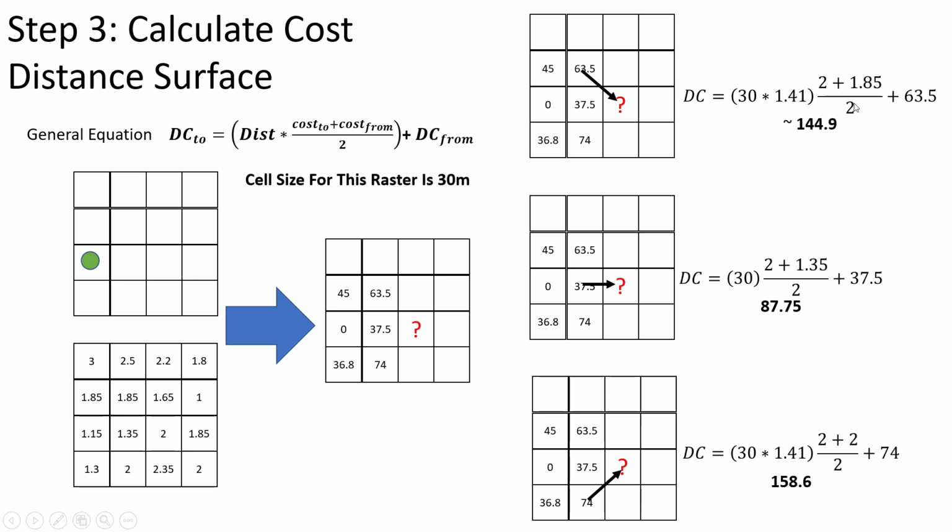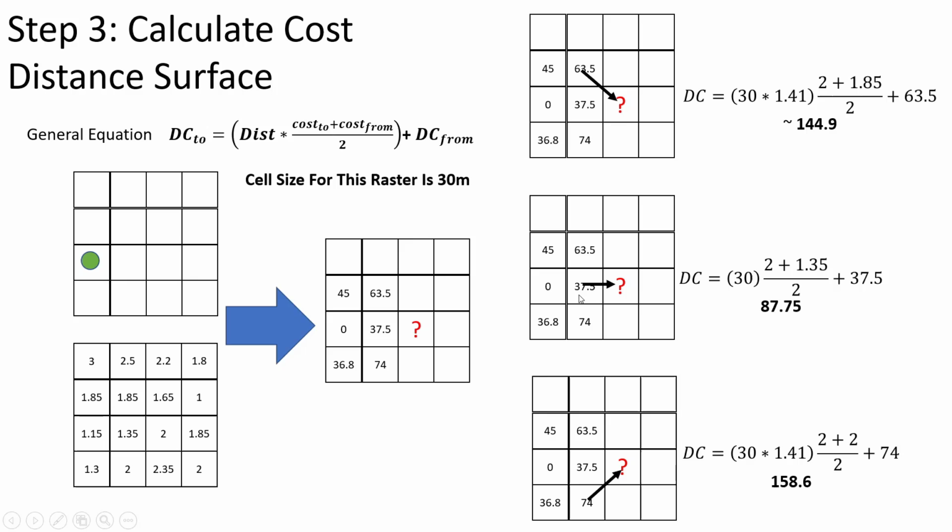Taking the average of that. It's just like what we did before. But now we're having to pull in that accumulated cost. That's 63.5, because we're assuming there's a cost associated with taking this path. This is the accumulated cost of everything we've done so far, right? So to go from here to here would have a cost of 144.9.